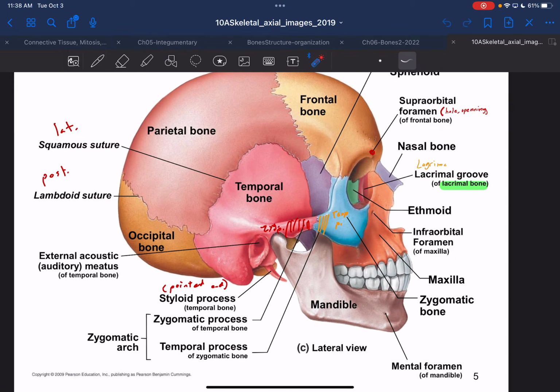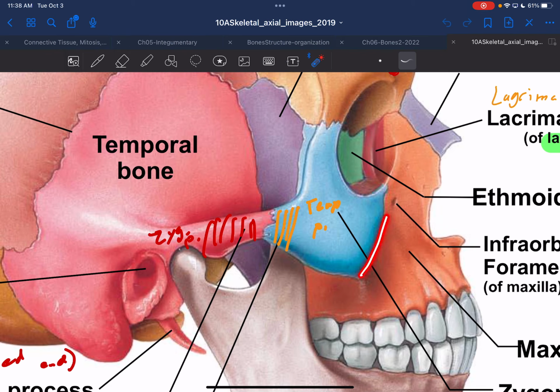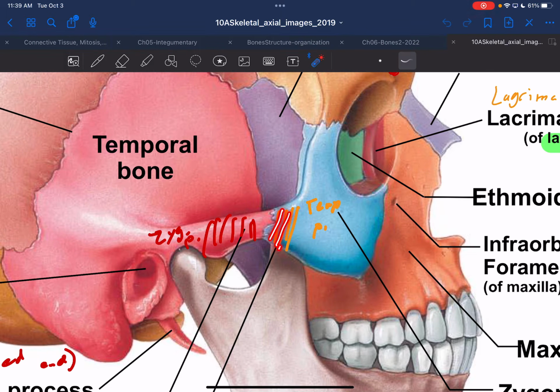Now, if you look at your list, if you look under zygomatic bone, you'll see that it has a bone marking called the temporal process. That's what's in orange here. And it's named after the fact that this area is the part of the bone that's going to reach for that temporal bone.